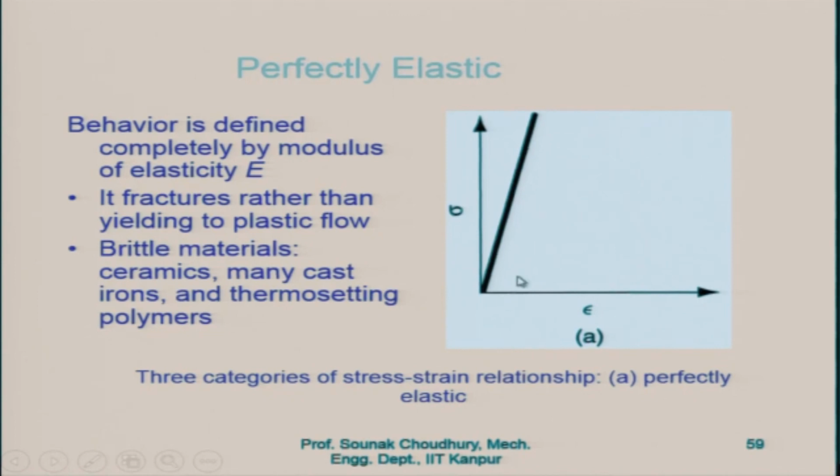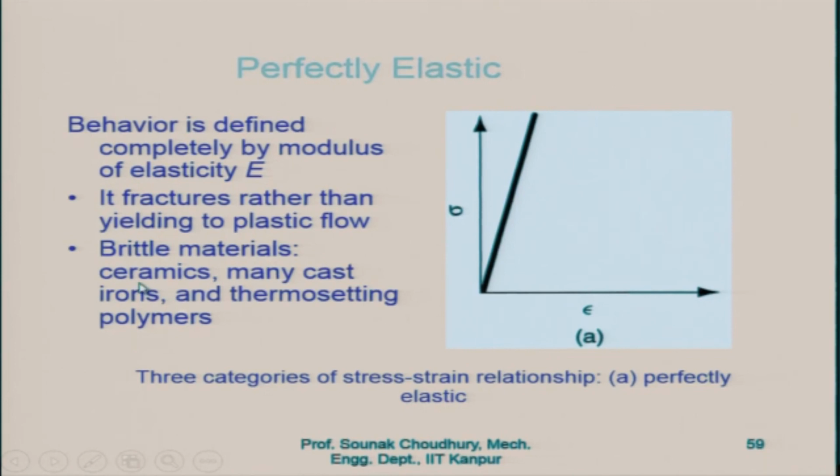Now, this is a straight line where the stress is proportional to strain, behavior is defined completely by modulus of elasticity, okay. It fractures rather than yielding to plastic flow. It fractures here, then it will not yield and it will not demonstrate the plastic flow, as in case of the brittle material, all right.